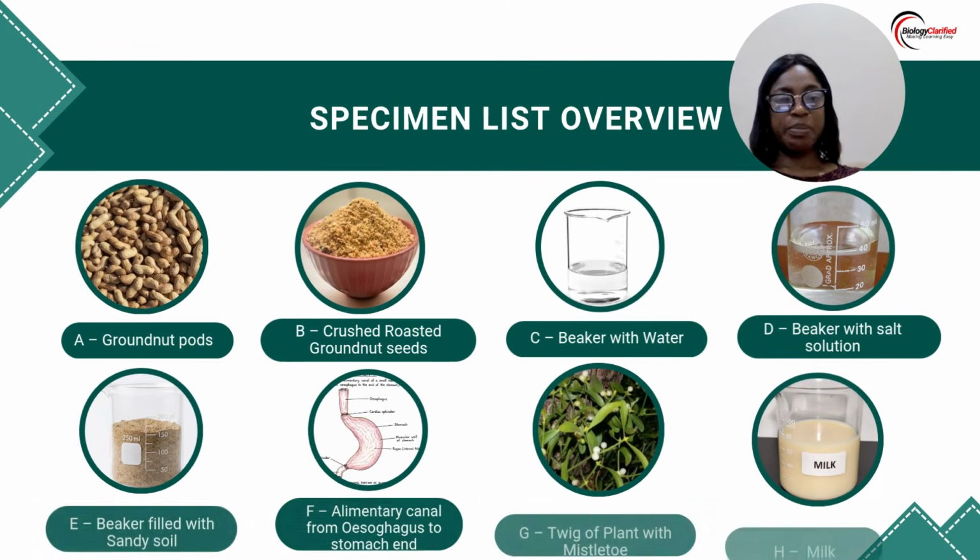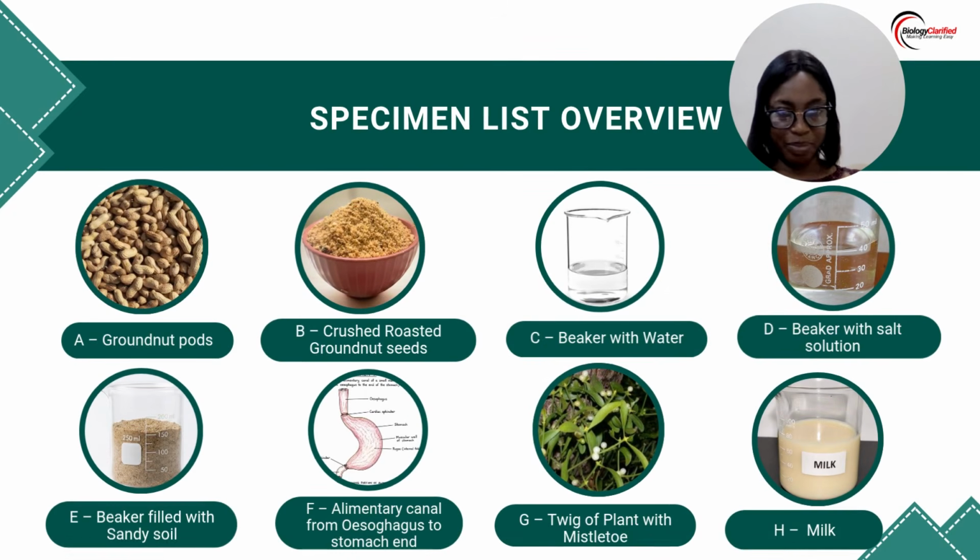So you have the specimen list overview here, a pictorial representation of the specimens: groundnut pods, crushed roasted groundnut seeds, beaker with water, beaker with salt solution, beaker filled with sandy soil. This is a diagram of the digestive tract of a small mammal from the esophagus to the stomach.